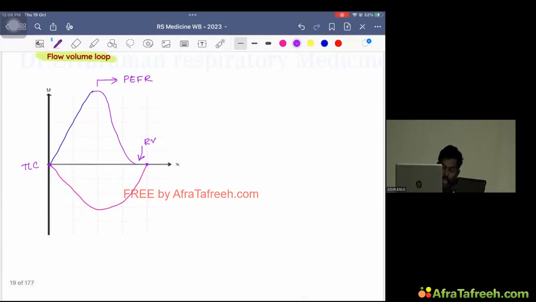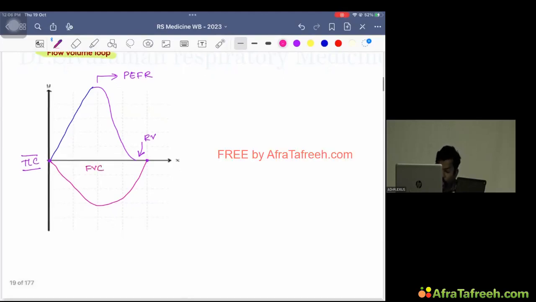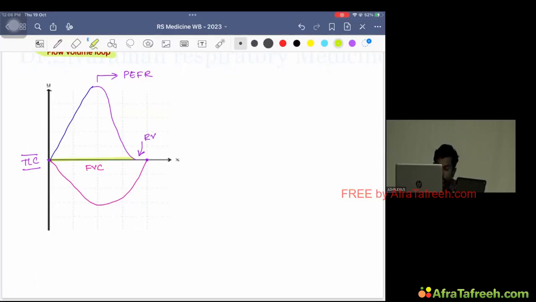Residual volume. If you subtract residual volume from TLC, what you're going to get is called FVC. So this part is called FVC, and this part is called RV.